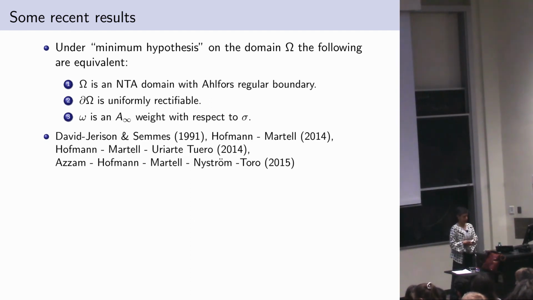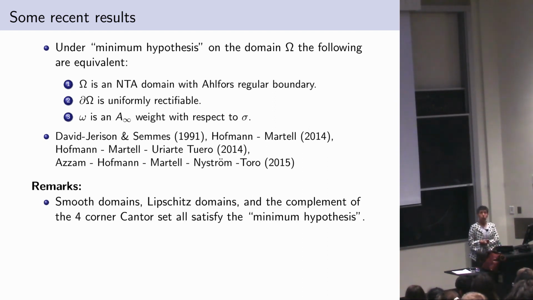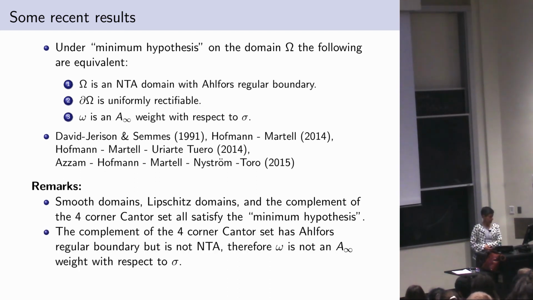And so why is that important? Well, this is the effort of a team, and these are their names. Because all of the domains that I pictured satisfy the minimum hypothesis. Okay? But the complement of the 4-corner Cantor set has Ahlfors regular boundary.